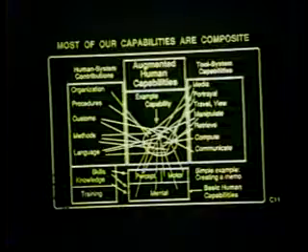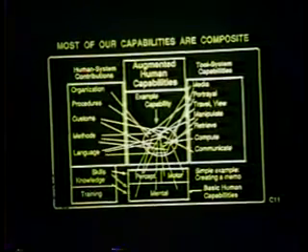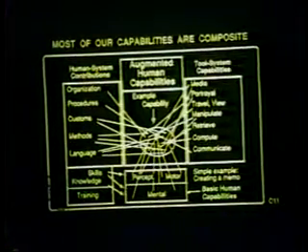if you look at just an example of where that can go, take any compound capability a human has or an organization has, and it's a composite built up of a lot of skills and knowledge and attitudes, etc., down in here. A lot of capability you extract from here and put it together with this to have a capability.